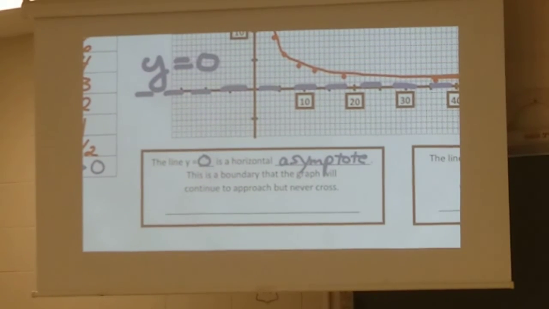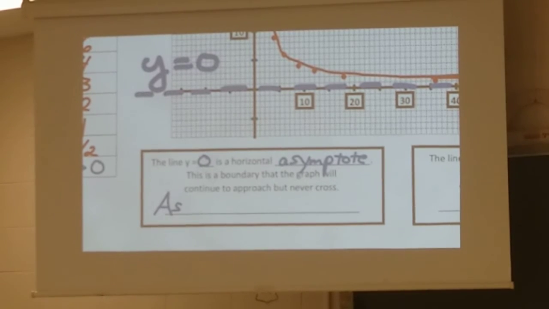It's this idea that if I'm going to give the chocolate to 1,000 kids, there's still going to be something to give them. It's not going to equal 0. In fact, if I give the chocolate to 5,000 kids, you get the idea that we're just going to keep getting closer and closer to 0, which is known as an asymptote, which is a boundary or a line that I'll approach but never cross.